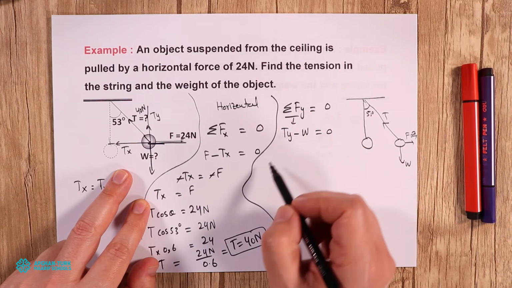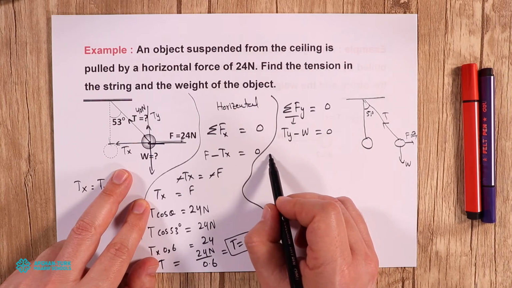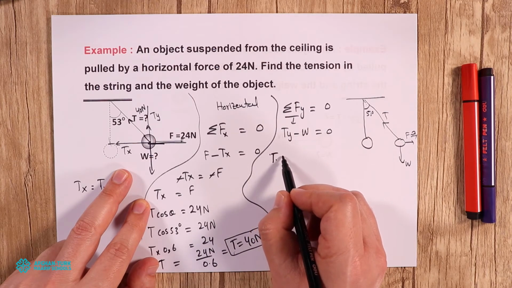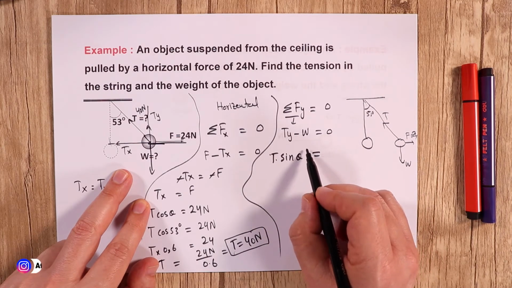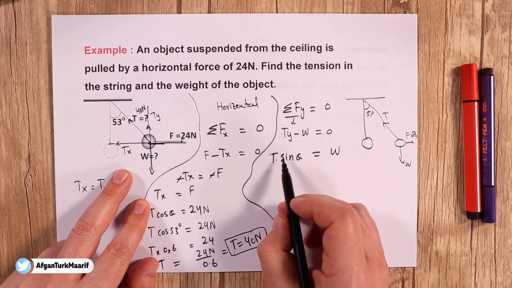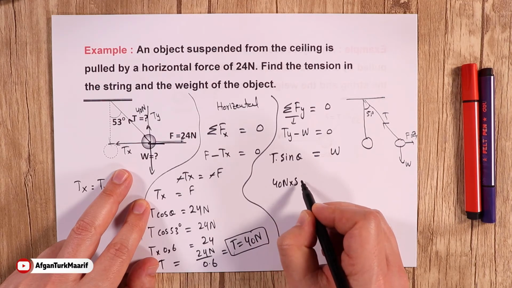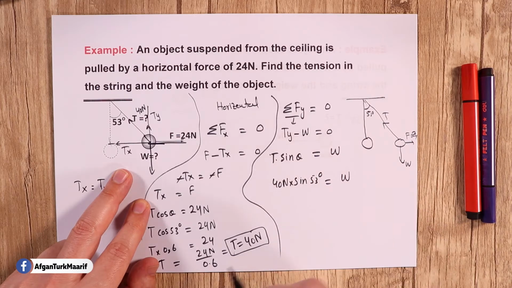So the summation of force is equal to T of y minus W. Now putting in the values, T of y is equal to T sine theta. Just shift the W to this side, so T sine theta is equal to W. T is now 40 Newton and sine 53 degrees is 0.8.